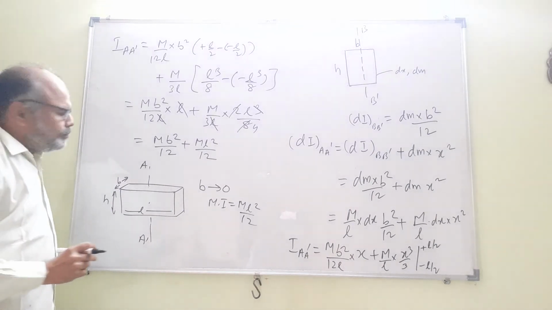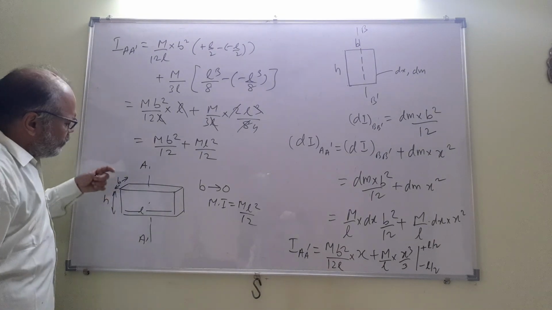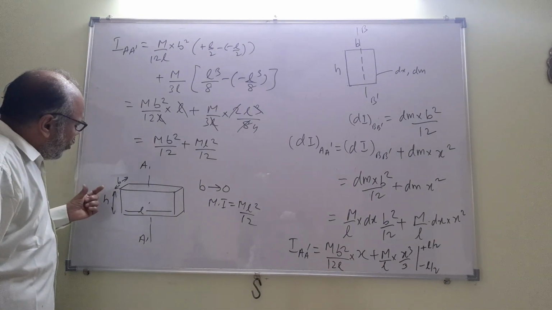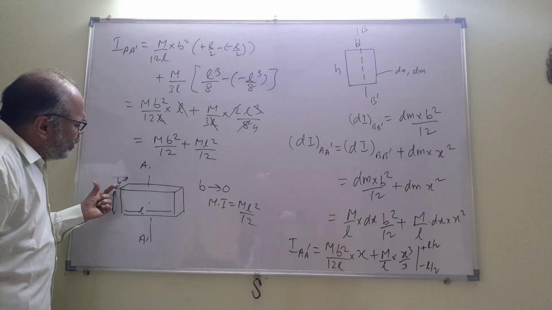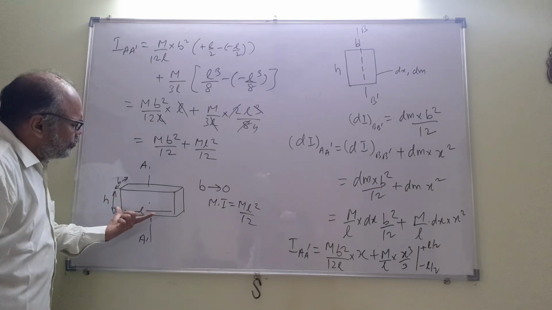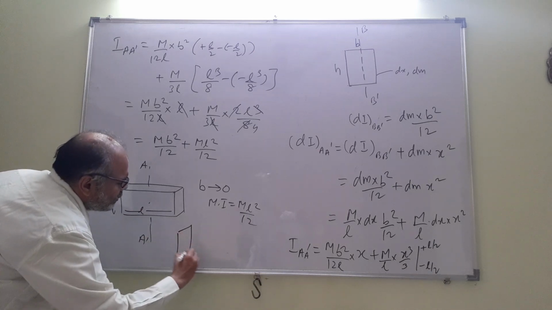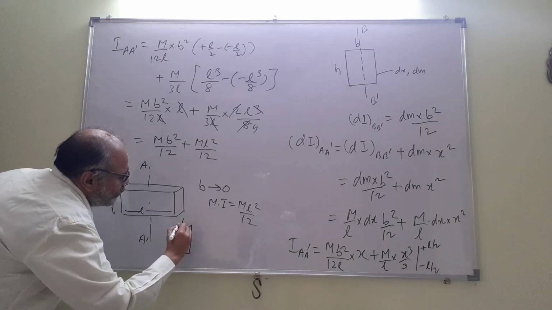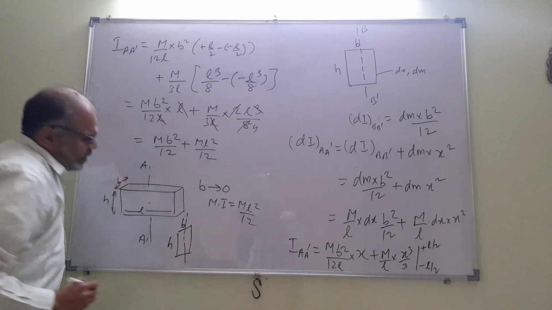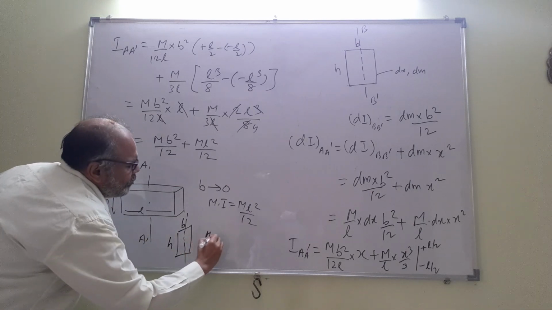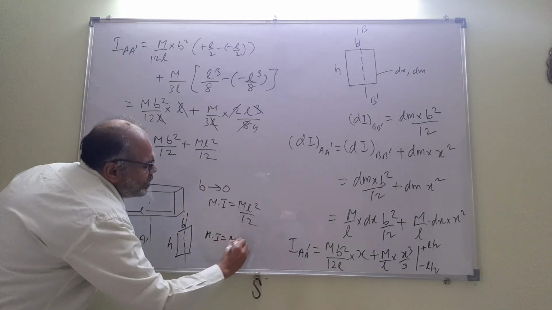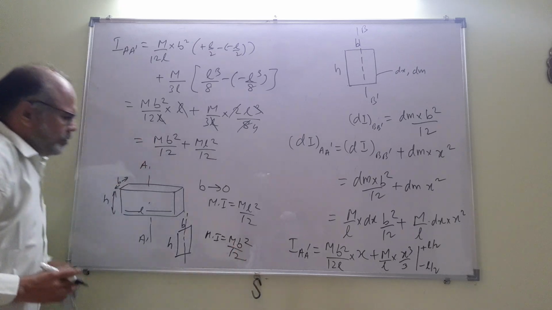On the other hand, if we reduced L to 0, so that it is just a plate like this of height h and breadth b, and this is the axis, then the moment of inertia would be mb squared by 12.